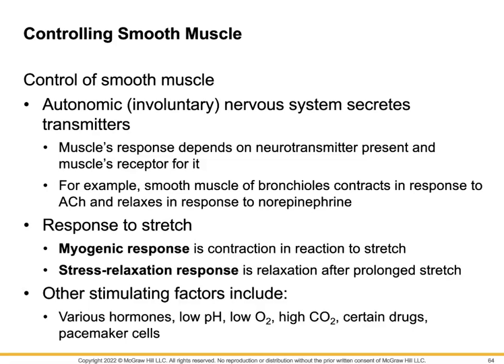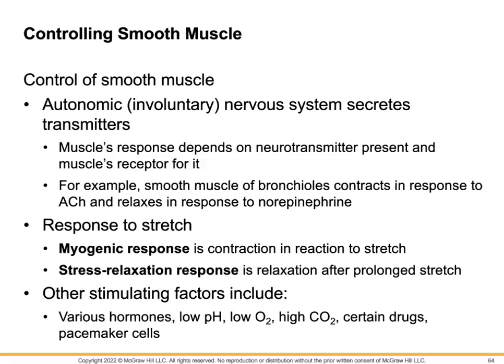So, for example, as you see here, the smooth muscle of the bronchioles will contract in response to acetylcholine and relaxes in response to norepinephrine. Okay, now acetylcholine causes skeletal muscle to contract, right? We've seen this. But what does it do for cardiac muscle? It slows contraction.